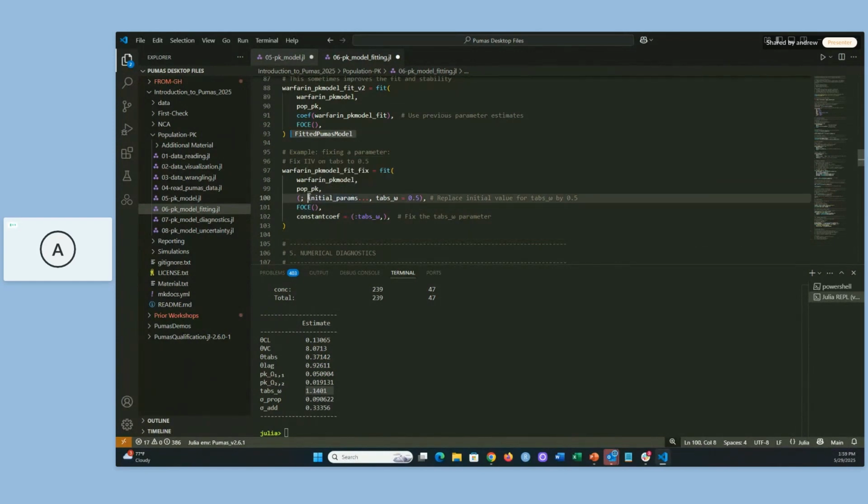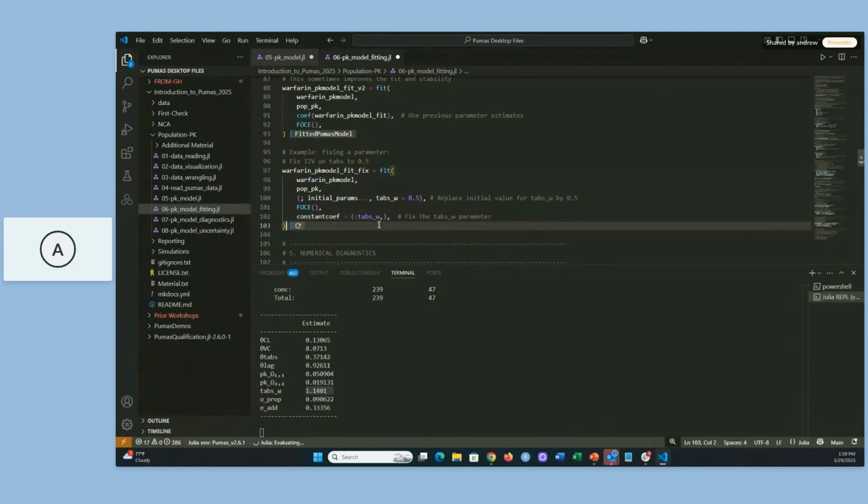We can still define the initial parameter just fine, but fix one of these as a constant. Then using the keyword argument constant coef within this fit object, it knows that that omega tabs is going to be a fixed parameter. It's not going to try to estimate that anymore.